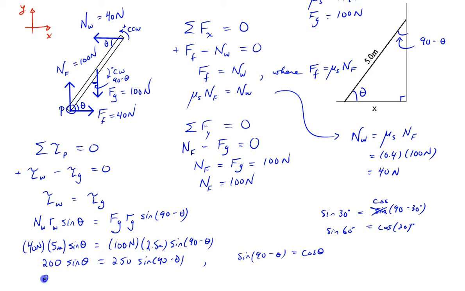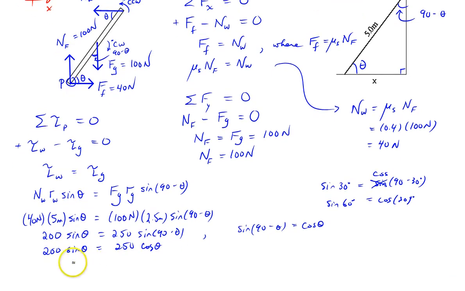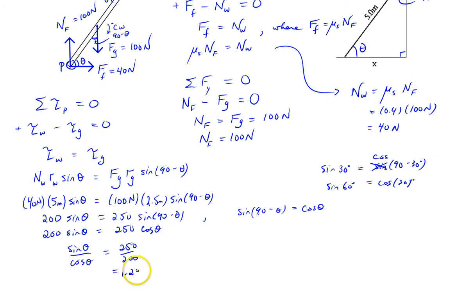Therefore, we have 200 sine theta equals 250 cosine theta. And so we have sine theta over cosine theta equals 250 over 200. The right side is going to be 1.25, and sine theta over cos theta is really just tan theta.